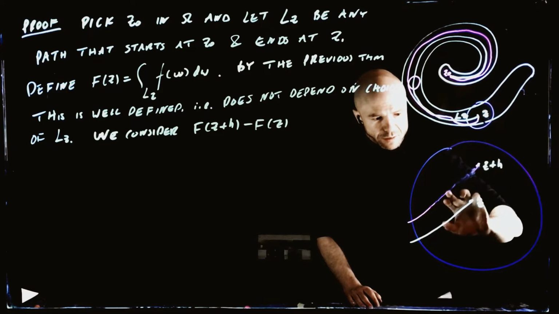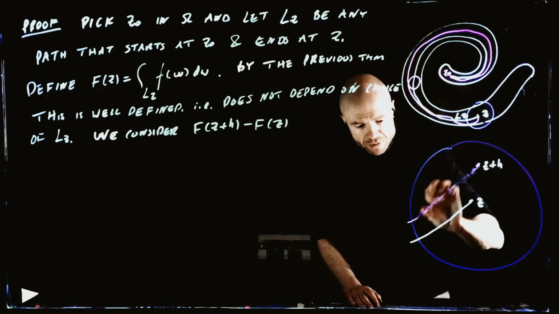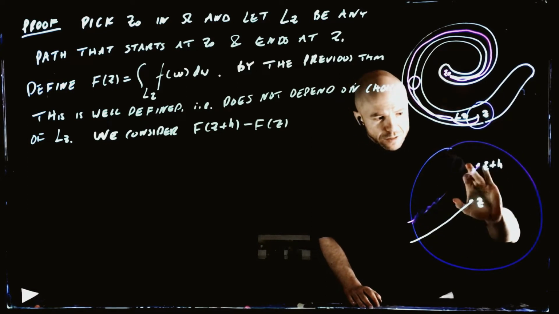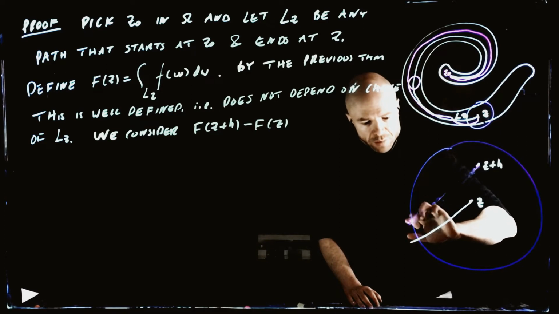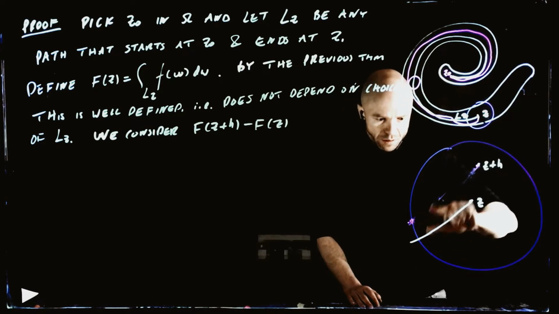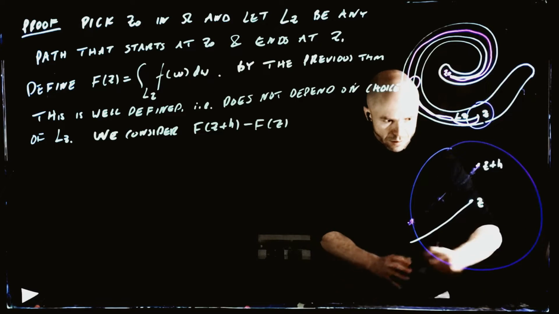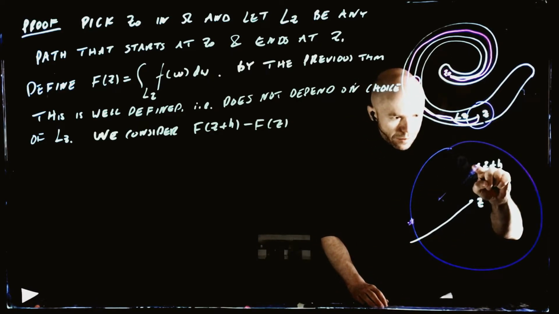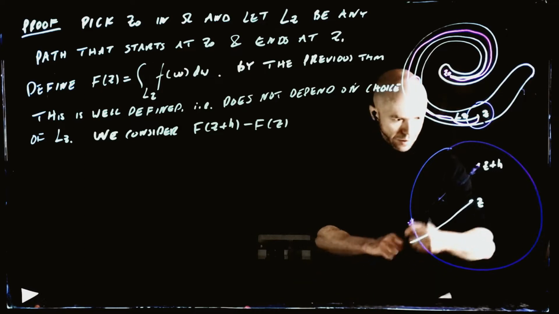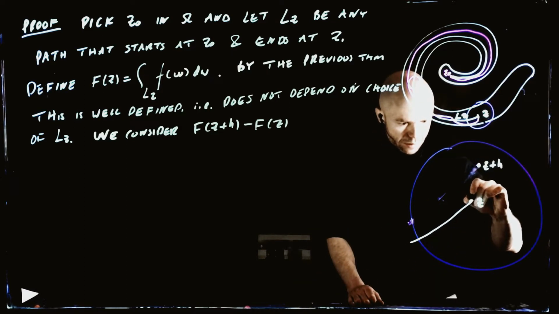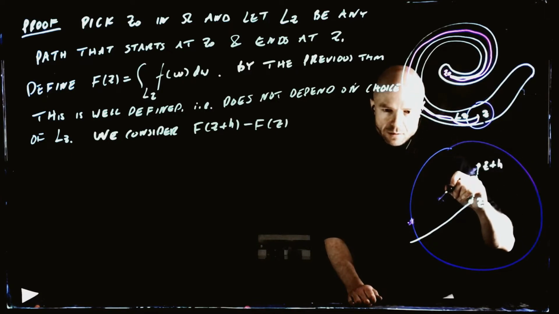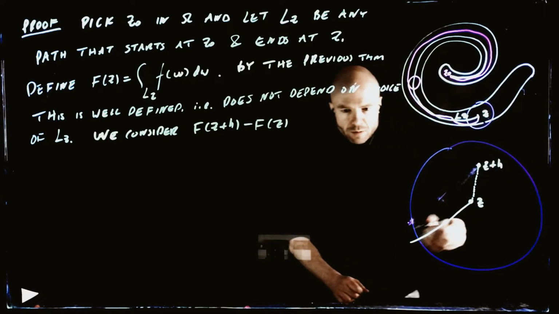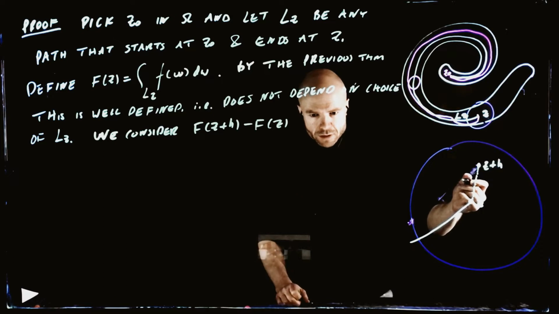Let's take the path that exactly follows the path that went to z, and let's just extend it up in a straight line up to z plus h. So let's take the path that goes up like this. And by the theorem, this is a perfectly good path, right?